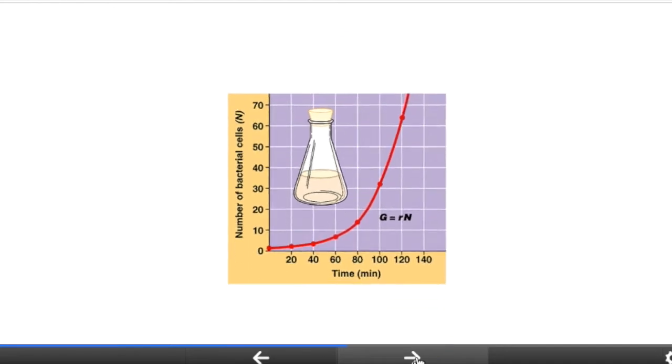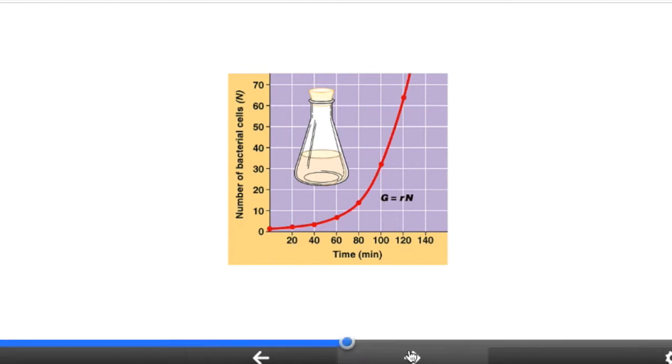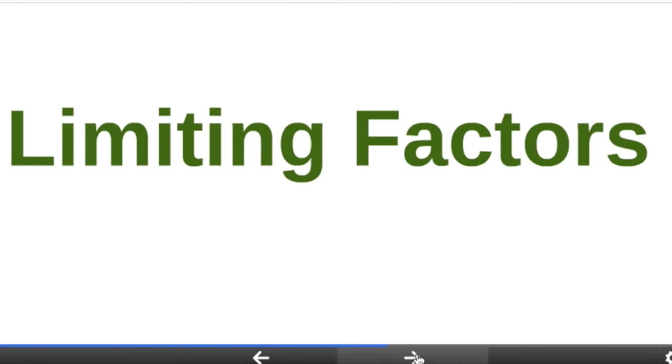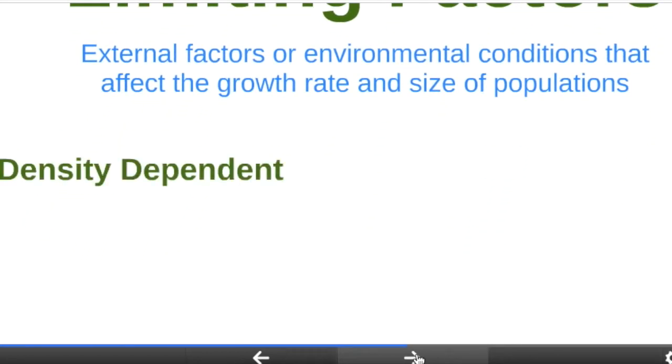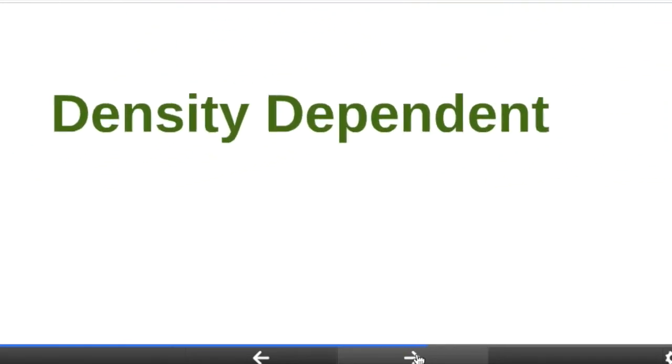If I graph exponential growth, it looks like this. It starts off very slow, and then it begins to increase quite a bit. This forms what is called a J-curve. Now, exponential growth cannot go on forever. There are certain factors that keep a population from growing out of control. We call those limiting factors, and they fall into two categories. They can be density-dependent limiting factors or density-independent limiting factors.